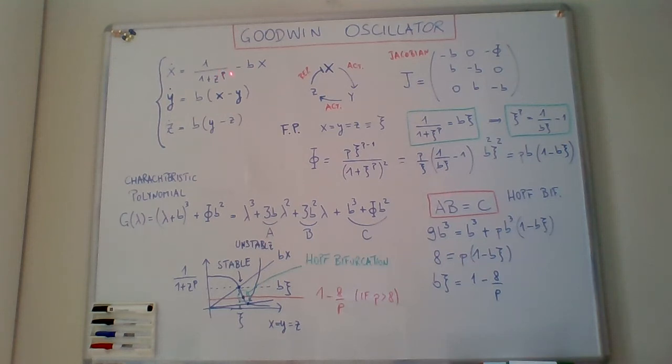This p is the Hill coefficient, and such a high Hill coefficient is quite unrealistic for a system. This Goodwin oscillator is a simple and nice model to see how in this negative feedback loop the Hopf bifurcation arises, but it requires a very large p, which is quite unrealistic.